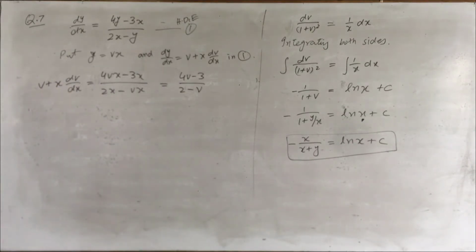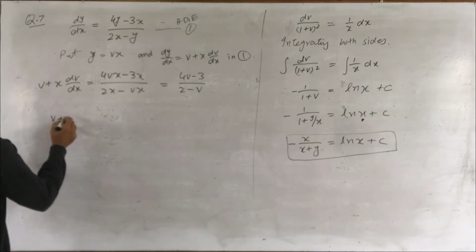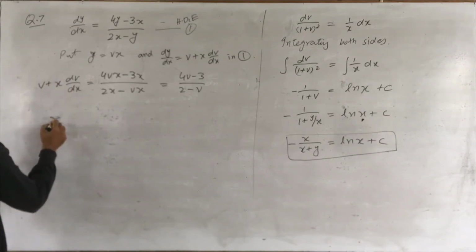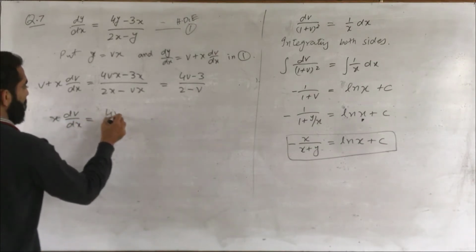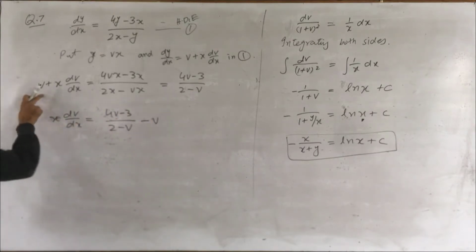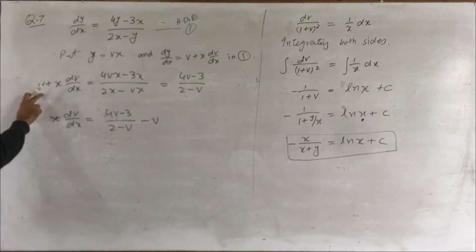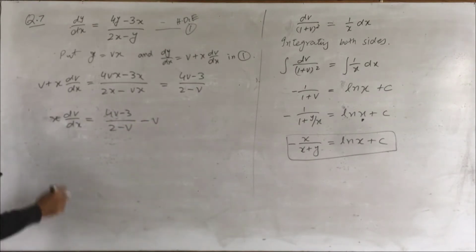Now separate the variables. v plus x dv over dx is equal to (4v minus 3) divided by (2 minus v). From here, this v transfers to the other side of the equality and turns to minus v.